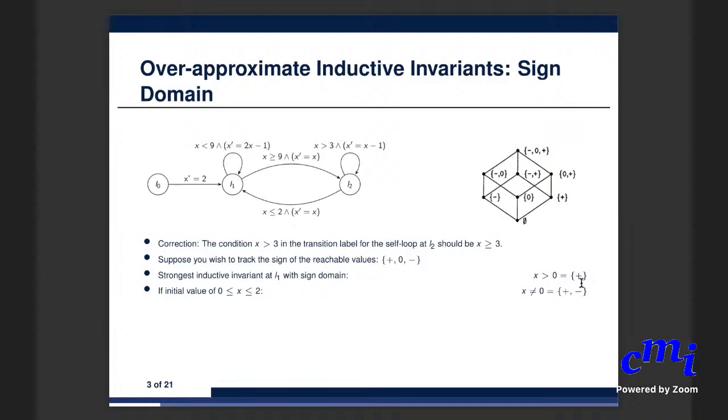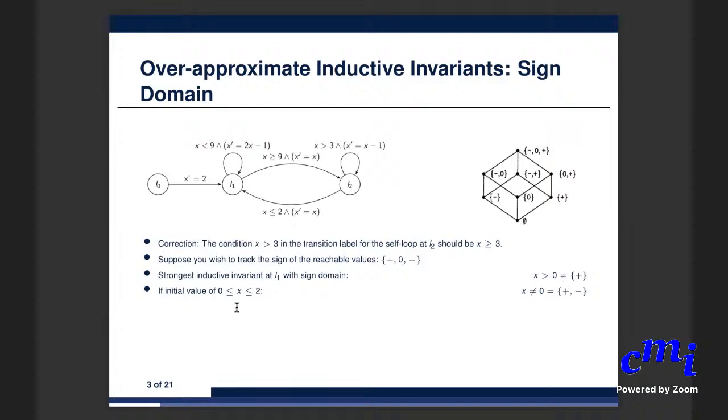So at each of these locations, L1 and L2, x always stays positive. Now, this is also an inductive invariant, but it's an over approximation of the original inductive invariant because it doesn't characterize the precise set of values, but a superset of the possible values that you can take.